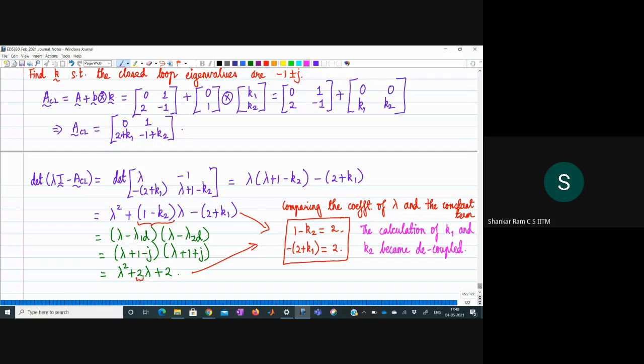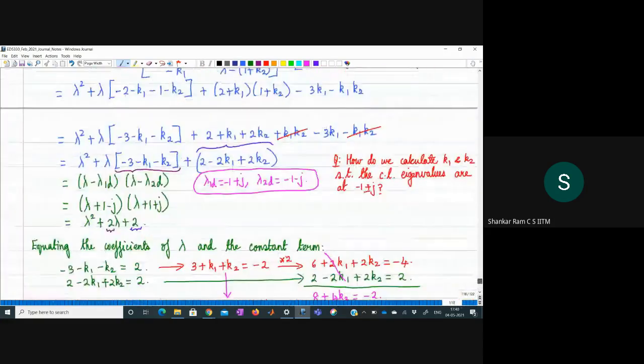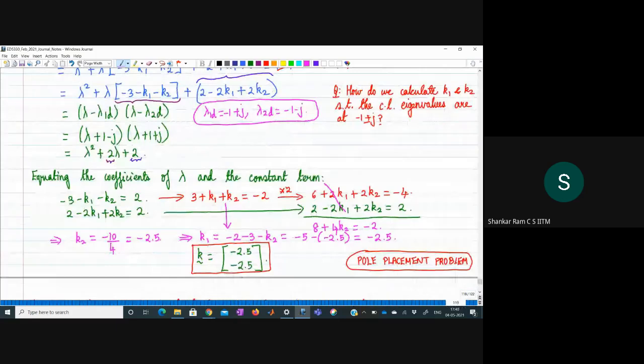So what do I mean by this? Suppose we go up to the previous example that we did. If you look at the previous example, by comparing the coefficient of lambda and the constant term, of course we got two equations. There are two unknowns, two equations. But then we saw that we could not immediately get an explicit solution for K1 and K2.